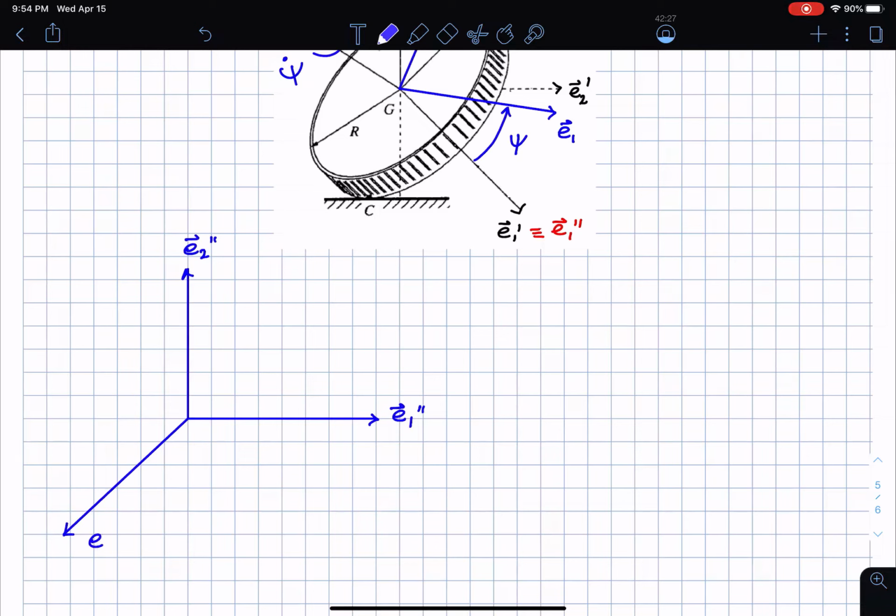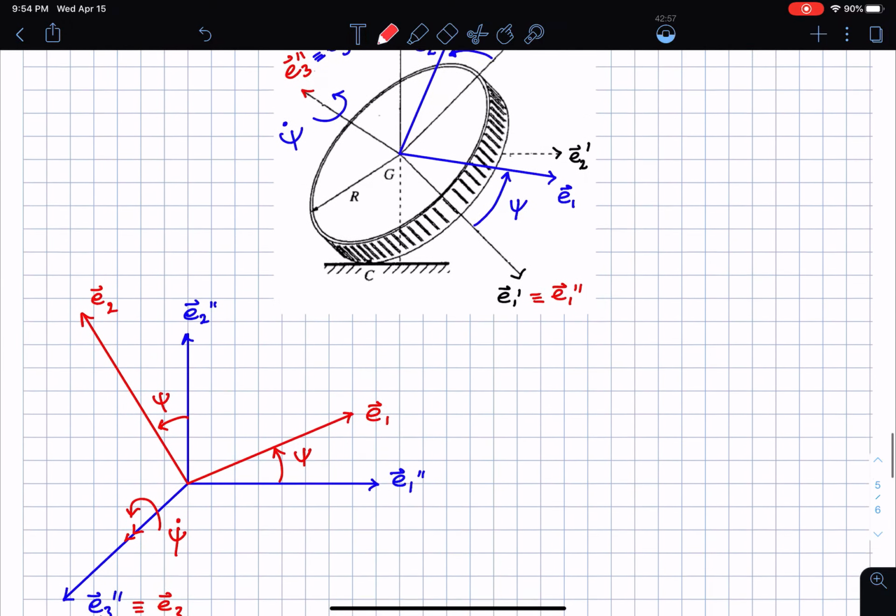Now we're going to say that this is the same as E3, and then I'm going to define an E1 direction and an E2 direction here. Okay, so this is going to be E1, this is going to be E2, and this is the angle psi, this is the angle psi, and this is the rotation rate psi dot.